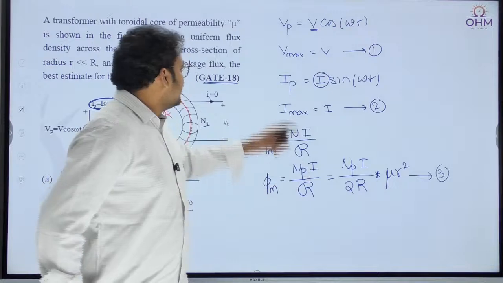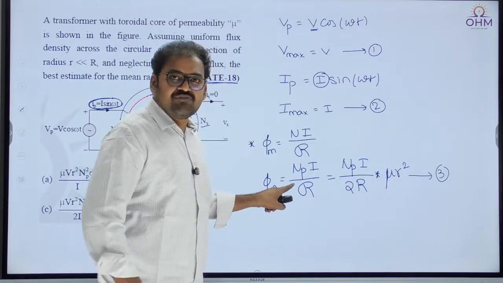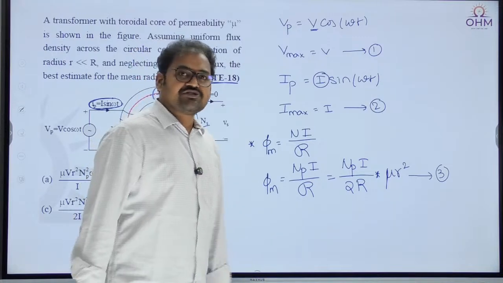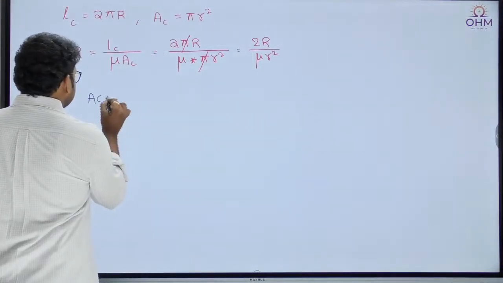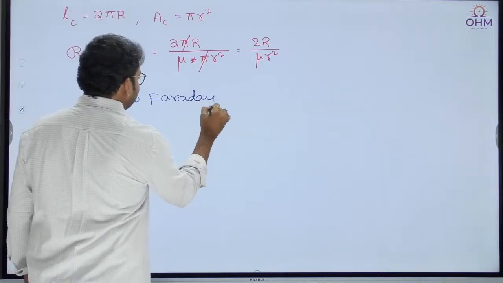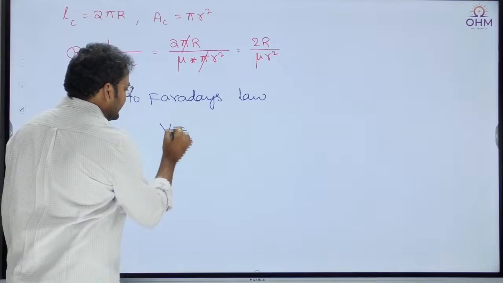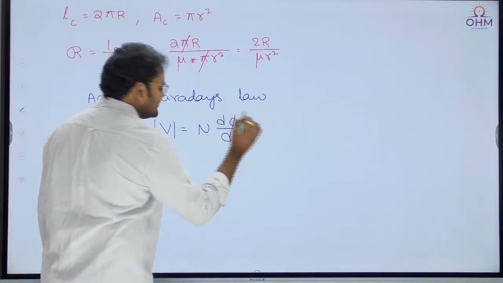Now you see, you have already maximum voltage and we have a maximum flux also. So how can I write formula for voltage? Yes, we know according to Faraday's law, the induced EMF or voltage magnitude is equal to N d phi by dt only. Yes or not?